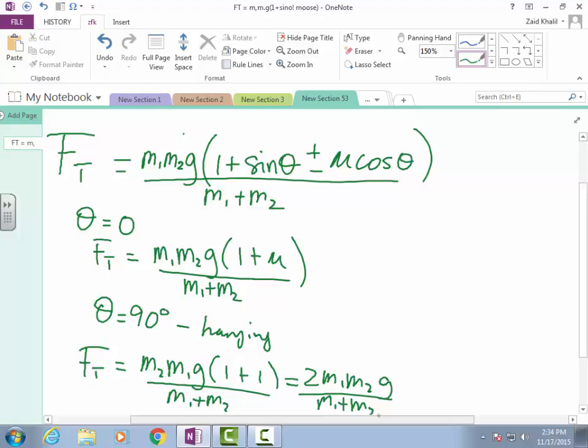This is one physical setup. Force of friction's down the plane, which is positive. And then this is the other physical setup, where the force of friction in this case is up the plane. Therefore, it's negative. So, and you should write that down. Make sure you write that in your notes.